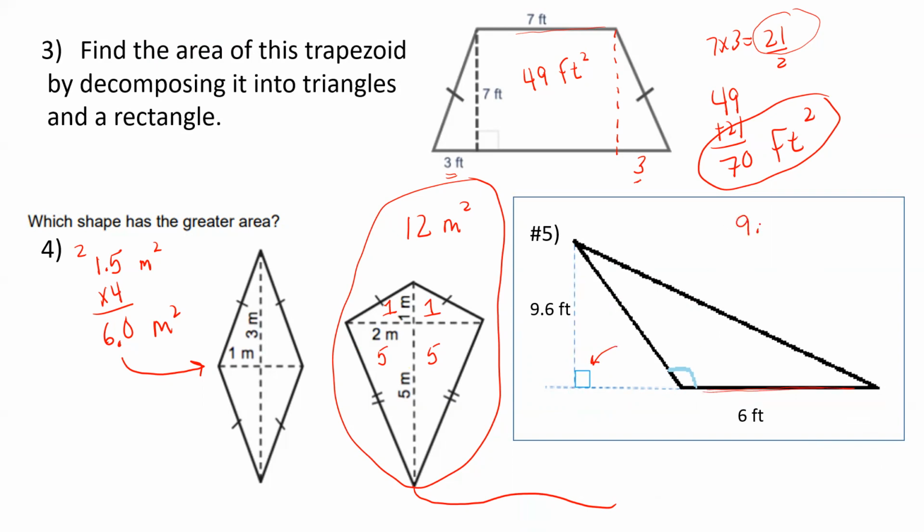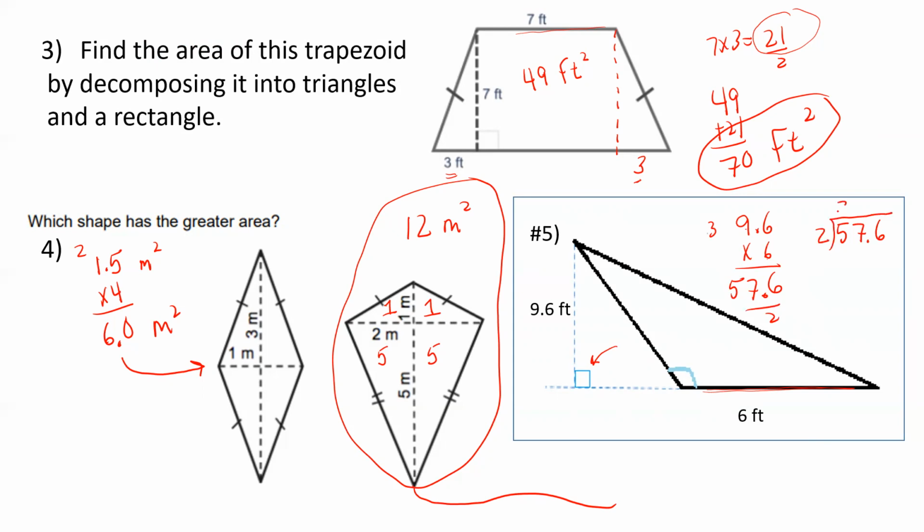So let's multiply 9.6 times 6. 6 times 6 is 36, 54, 55, 56, 57. There's one number behind the decimal. And since it's a triangle, we have to half it. So we're going to half 57.6 to get the area of our triangle.